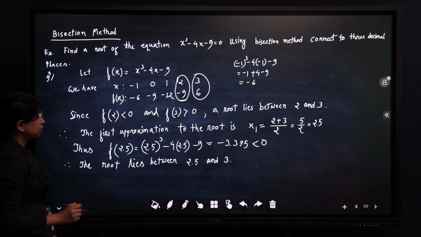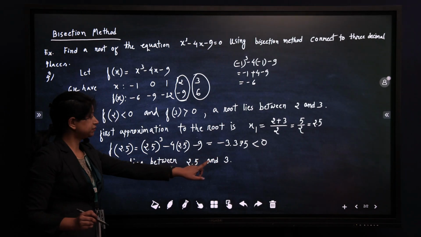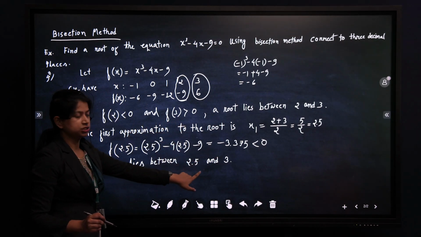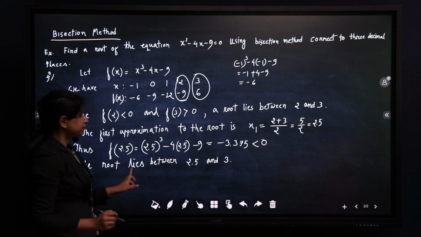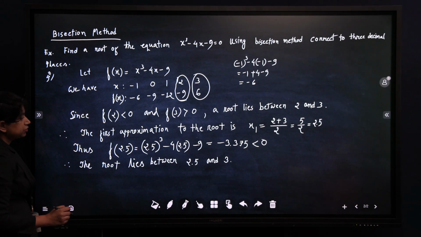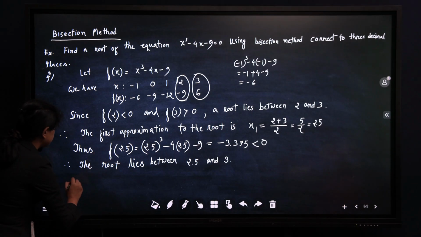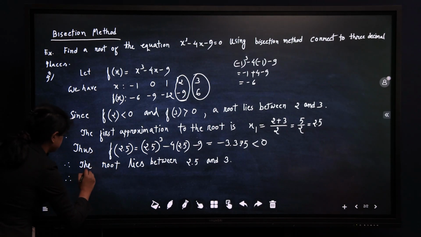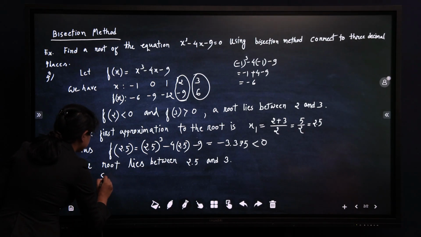Next, what will be the second approximation?